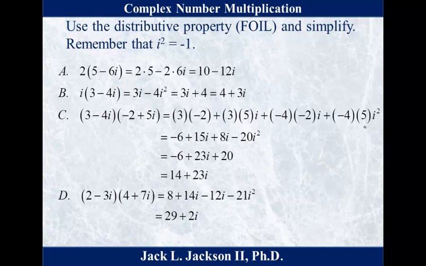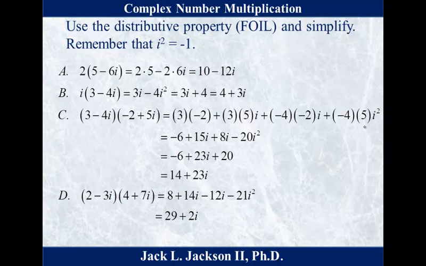You don't really have to write down all of that much detail. I wanted to do that once so you could make sure you could follow it, but I think the next one is more like what you might actually write down by hand. This is 2 minus 3i times 4 plus 7i. 2 times 4 is 8, that's the F. The O is 2 times 7i, which is 14i.